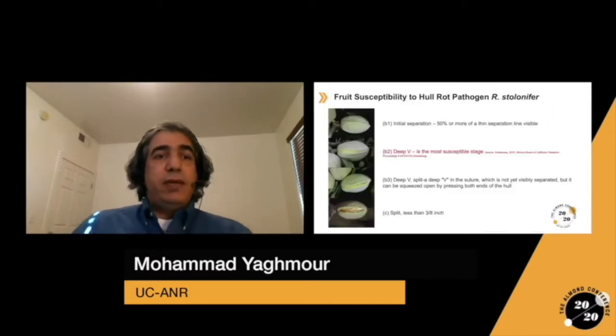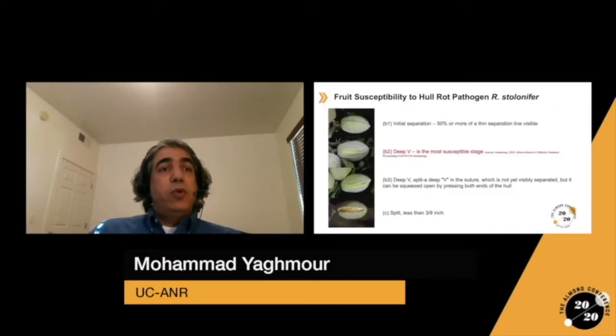Also, it's important to know when the fruit is susceptible to hull rot. Previous work by Dr. Jamal Scavage had shown clearly that when we are talking about Rhizopus stolonifer, the B2 stage, which we also regard as the deep V, is the most susceptible stage.